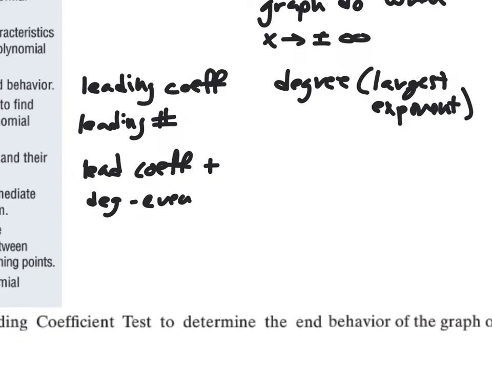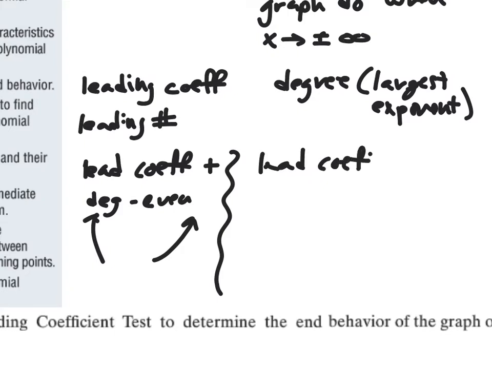You're going to have a graph whose end behavior goes up to the right and up to the left. If your leading coefficient is negative and your degree is even, then your end behavior is going to go down to the left, down to the right.